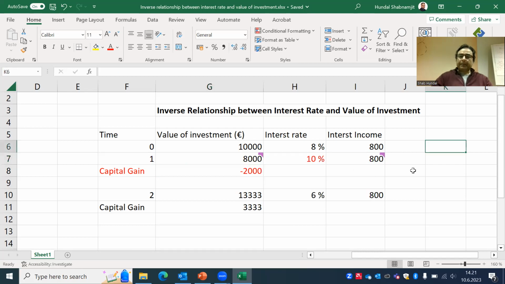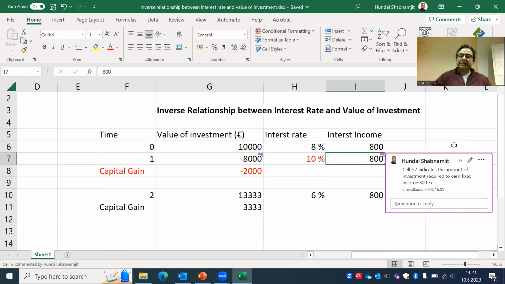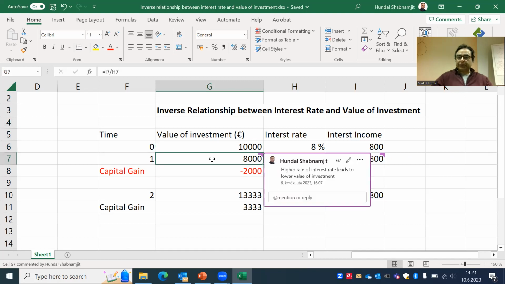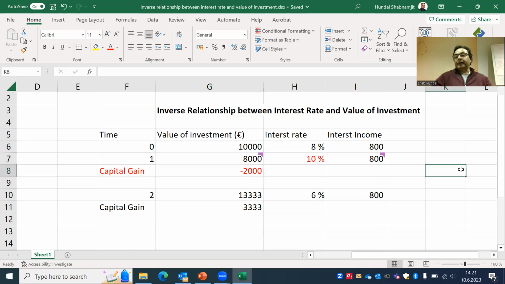In other words, to earn the same amount of interest which the investor was earning the previous year, you don't need to invest 10,000 euros. All you need to do is to invest 8,000 euros. The value of the investment, which was 10,000 euros last year, has fallen to 8,000 euros.